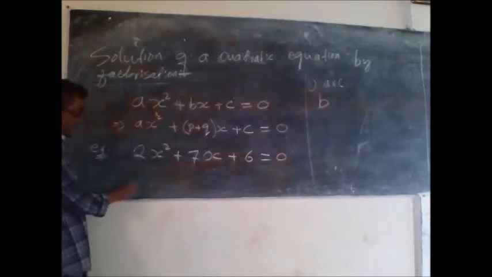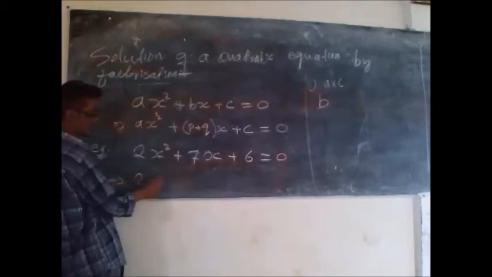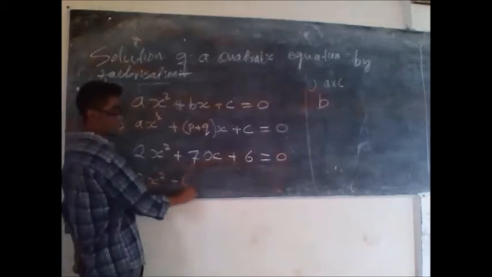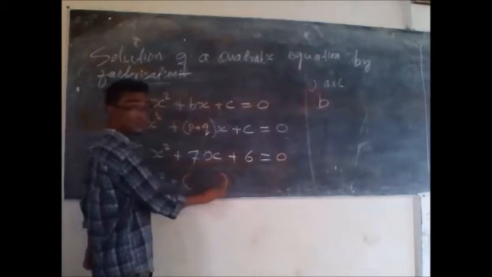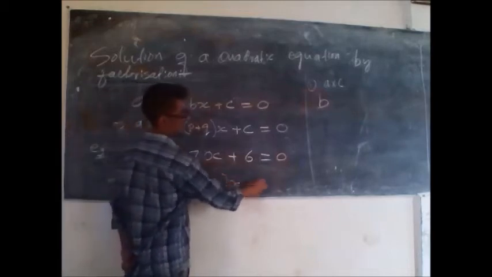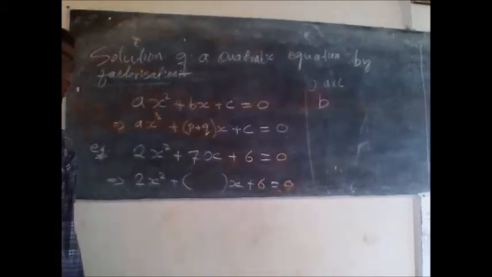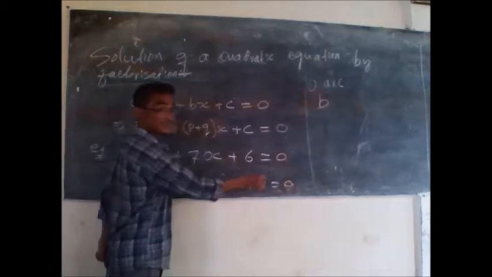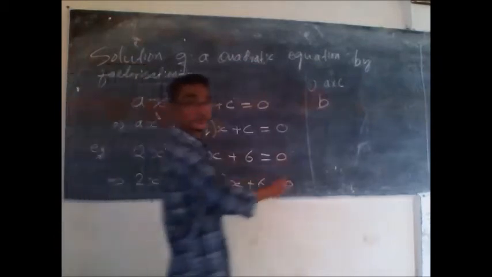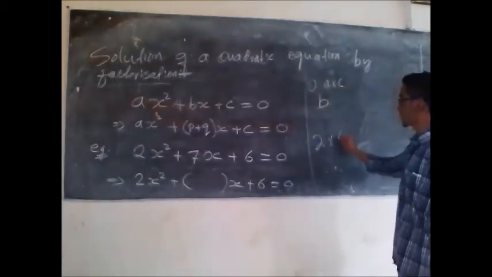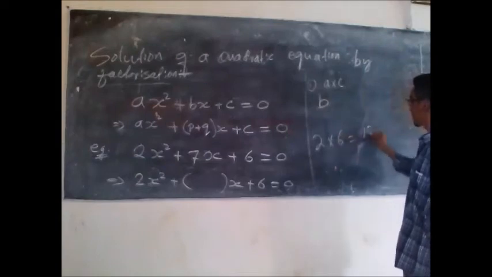For the next step, you write 2x squared plus, and then you split this 7. Before you split 7, you should multiply this 2 and 6, which equals 12.